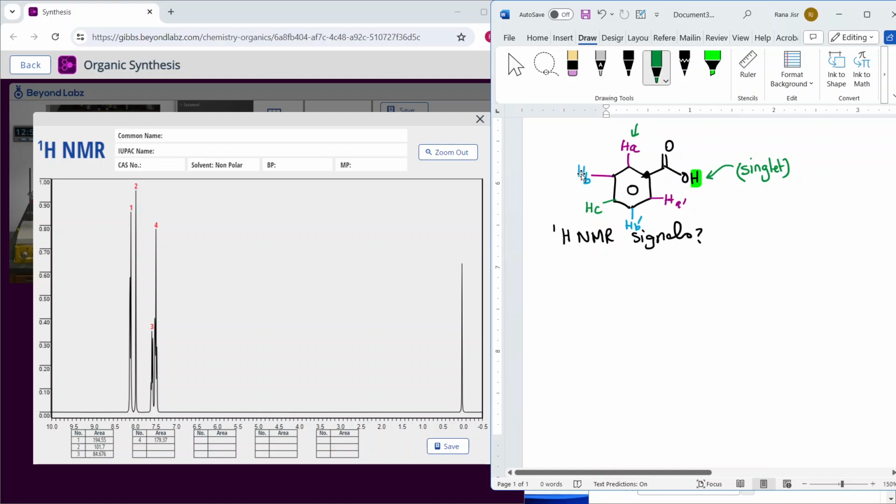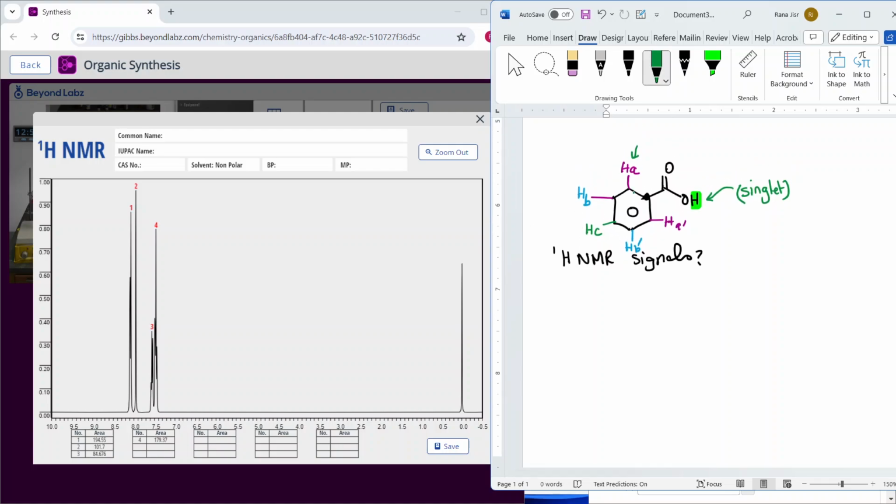So hydrogen A is split by hydrogen B into N plus 1, into 1 plus 1. So this is going to show as two peaks. So hydrogen A will show as a doublet. But the doublet is going to be higher intensity because it is going to correspond to two hydrogens.